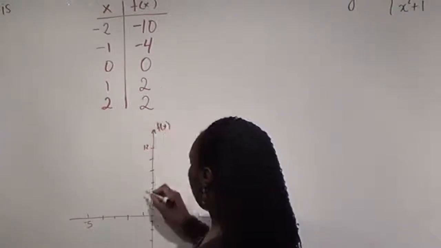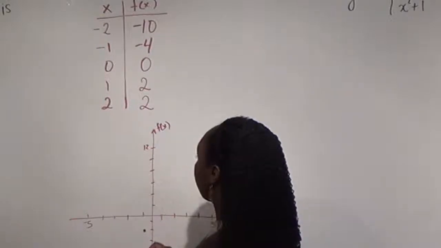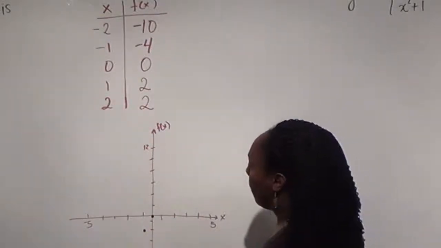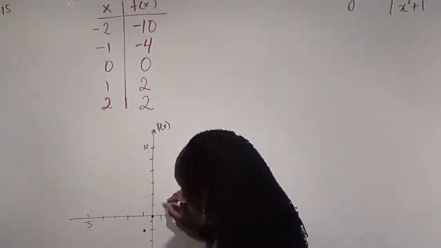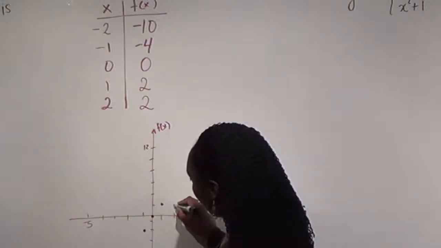At -1, I'm going to get -4. At 0, we're at 0. At 1, I'm up here at 2. And at 2, I'm also at 2.